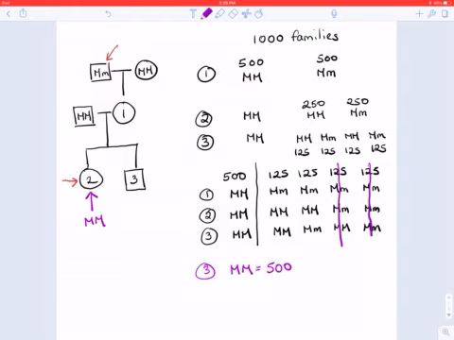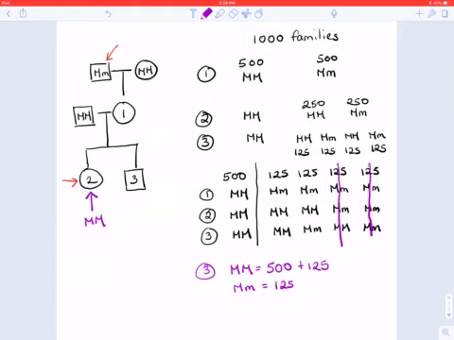Then we have 125 cases where individual 3 is capital M, capital M, but has a mother who is capital M, small m. But we have to count those because we're only concerned with the genotype of individual 3. And then we have 125 cases where individual 3 is capital M, small m, even though individual 2 is capital M, capital M, and the mother is capital M, small m. So that's the other possibilities.